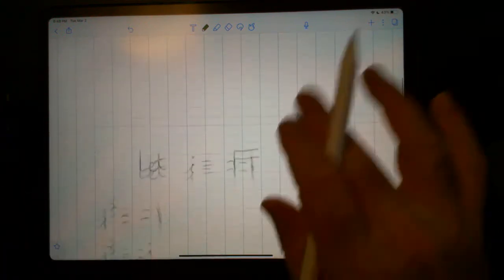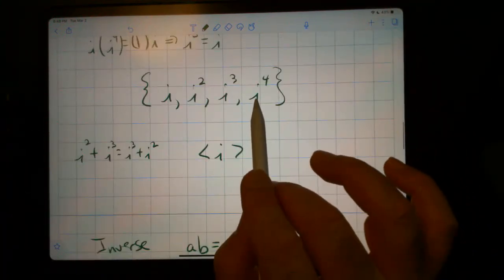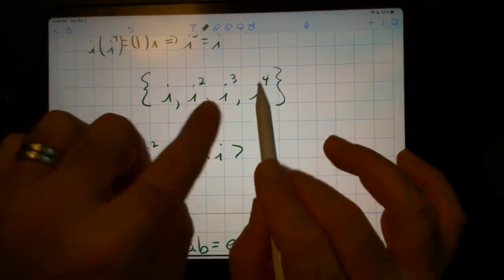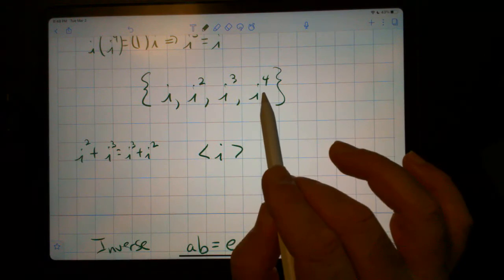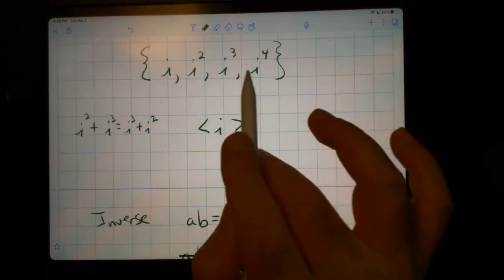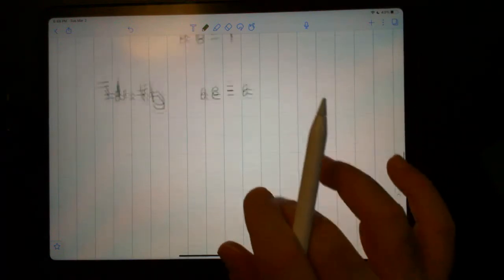And this identity is i to the 4th, because i to the 4th is 1. 1 times anything doesn't change anything. So yes, this has the identity. Does it have closure?